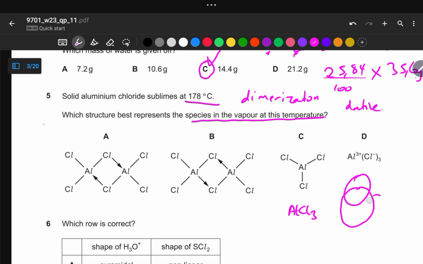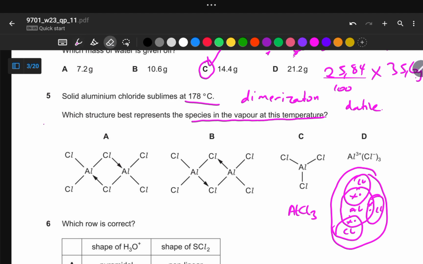So I want to illustrate using this diagram. This is our aluminium, this is our chlorine, and then chlorine, and you have a single bond here, single bond here, single bond here. So this aluminium is not fully occupied in the outer shell, right? As it sublimes, there is dative bonding between this aluminium and the other aluminium chloride molecule, right?